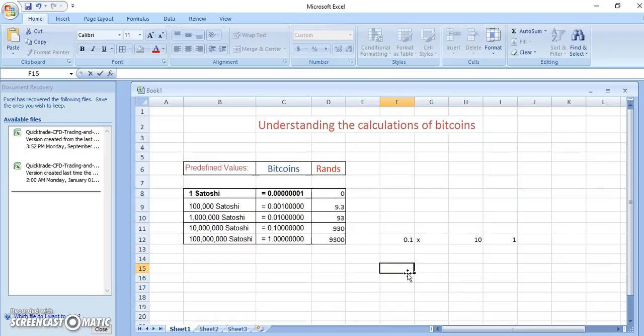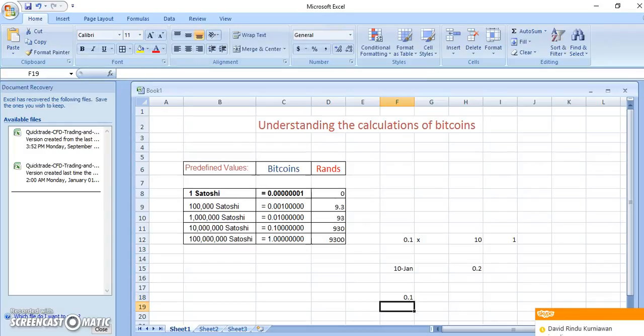You understand what I'm saying? Let me do the calculation. Equals to 1 divided by 10. That will give you a 0.1.